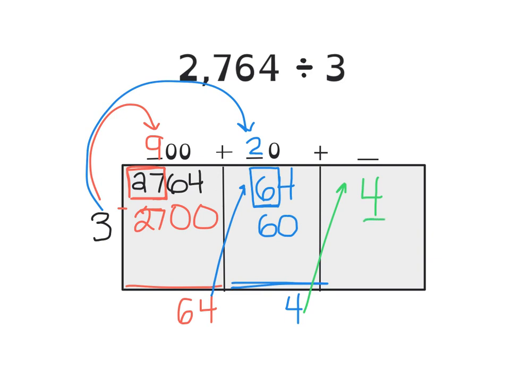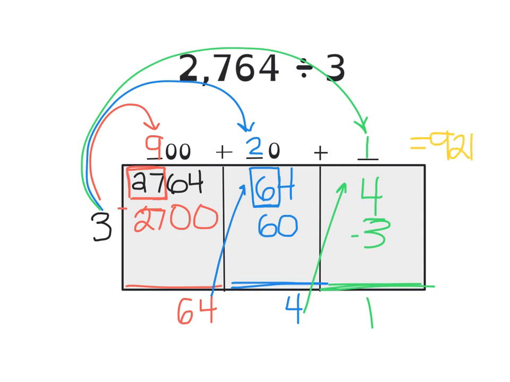So I'm going to wonder, okay, 3 goes into 4 1 time. 3 times 1 is 3. I'm going to subtract. 4 minus 3 is 1. Now I can get my final answer by smooshing together my expanded form, 921, with a remainder of 1.